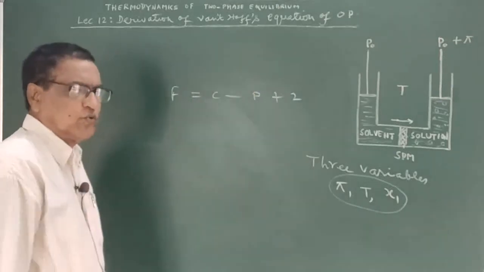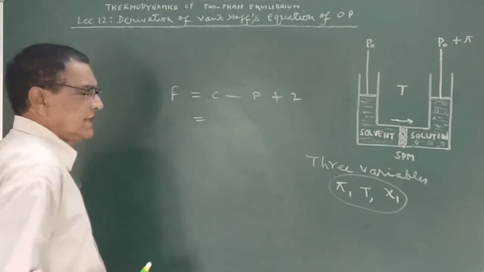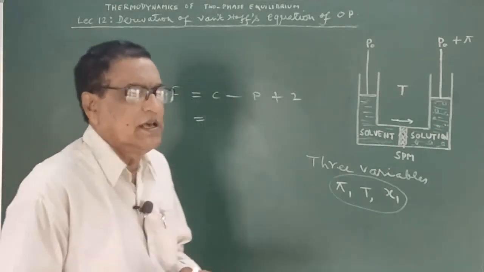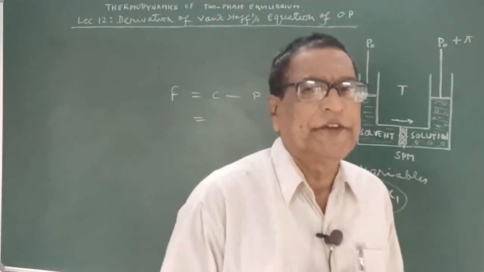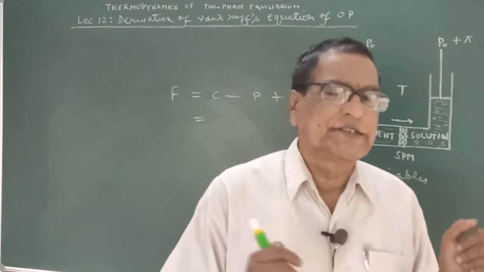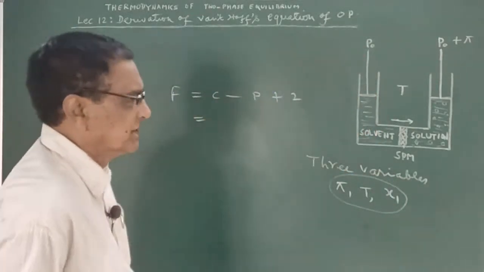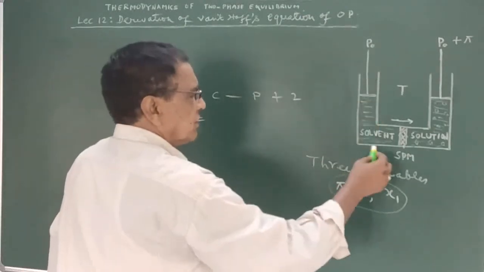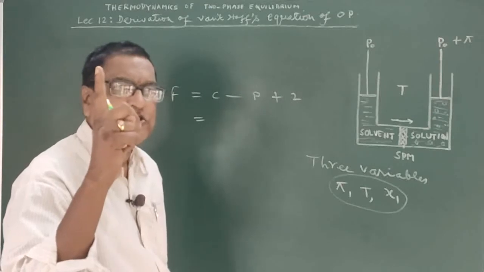This is the phase rule, where F is the number of intensive independent variables like temperature, pressure, concentration, etc. And C is the number of components. Here the number of components for the system is 2: one is solvent and the other is solute.